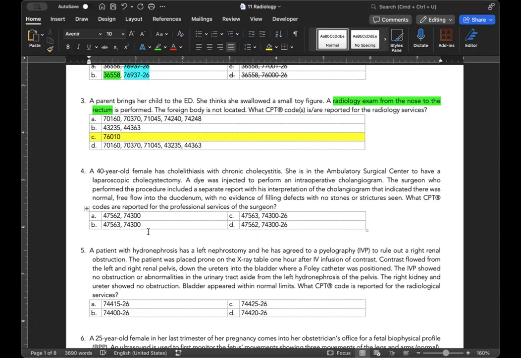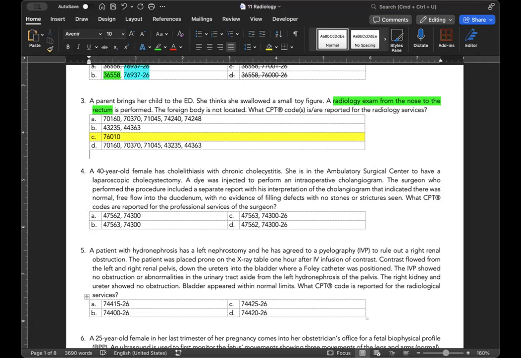So our code description is cholangiography and or pancreatography, intraoperative with radiological supervision and interpretation. So do we need the 26 modifier, or are we going to report it without? You're going to report it without because it's already included.